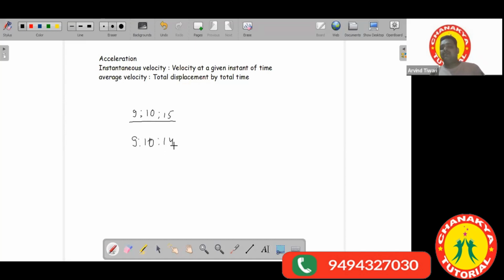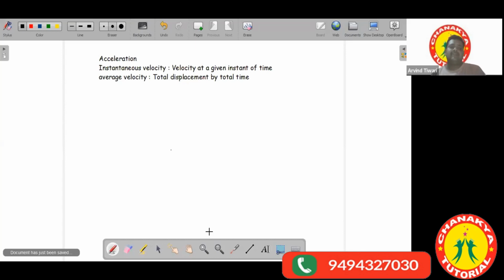So at this interval, I will take its position, and then I will find out the speed, the velocity. So that will give me the instantaneous velocity. Whereas if I want to find out the average velocity, I will be using the total displacement and the total time, and then I can get the velocity, right? So these are the terms.